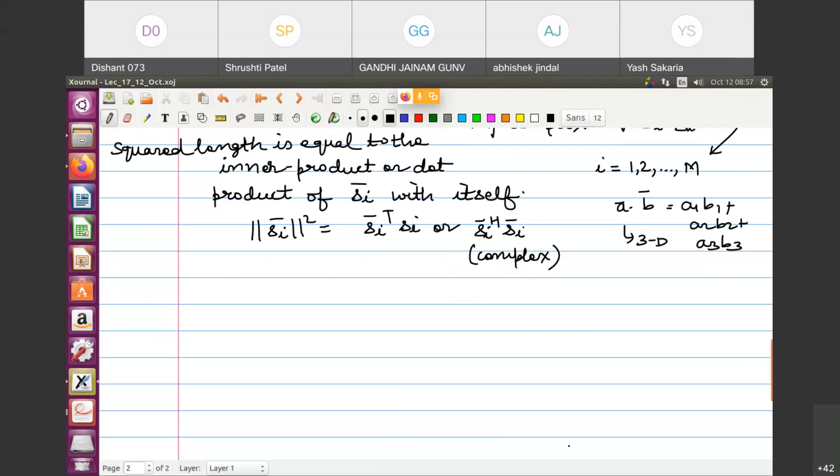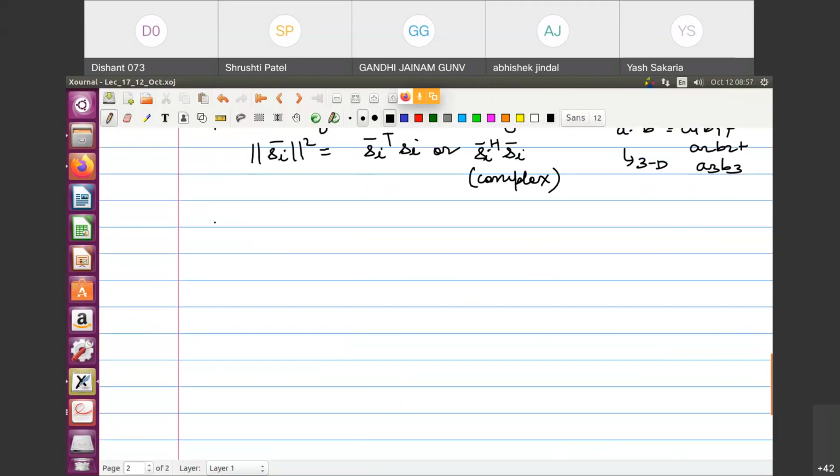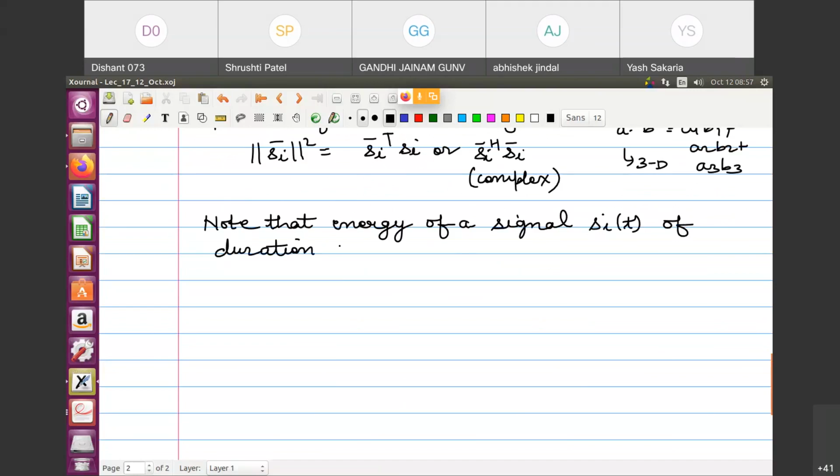So note that the energy of a signal Si(t) of duration T seconds is Ei, which is the standard integral we know, Si squared dt.